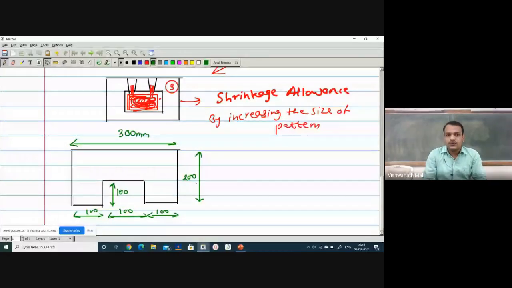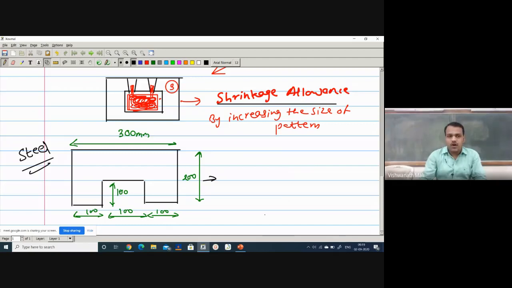We need to manufacture this part with the help of the casting process. To manufacture this part, what do we need to prepare? We need to prepare the pattern. So first, in pattern design, we need to take care of this shrinkage allowance. And let's suppose this material is steel.